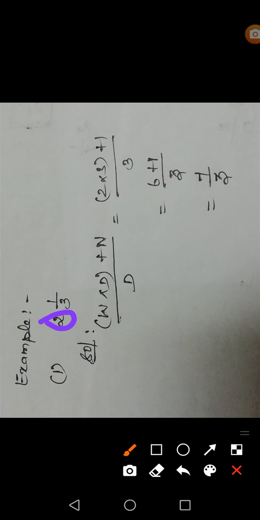A whole number added to a proper fraction. So 2, 1 by 3. 2 is a whole number, 1 is the numerator, 3 is the denominator. First we write the formula, then we implement the values.